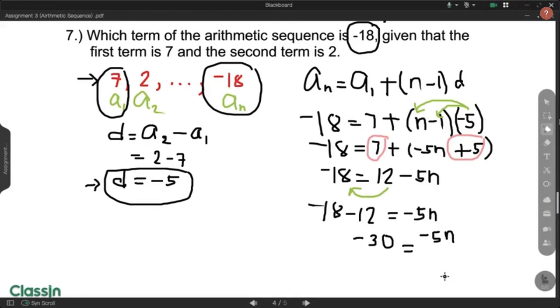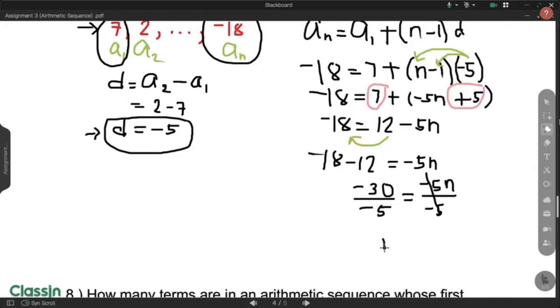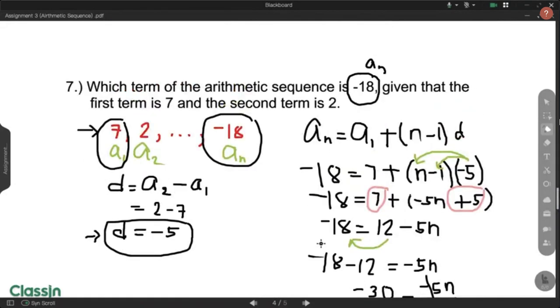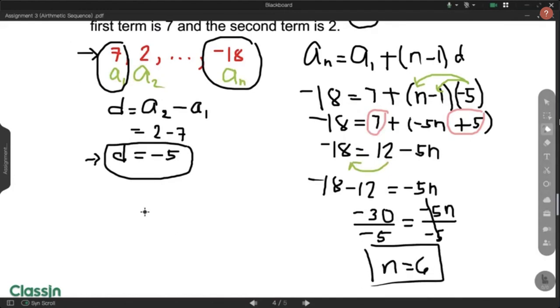We're looking for n, so let's divide both sides of the equation by negative 5. So n is equal to 6. To answer the question, which term of the arithmetic sequence is negative 18? The answer is the sixth term. It's the sixth term.